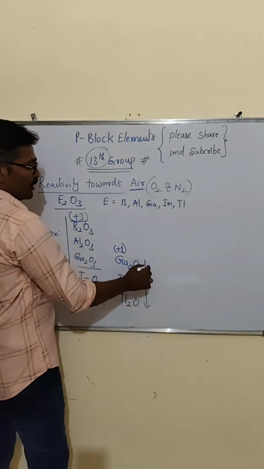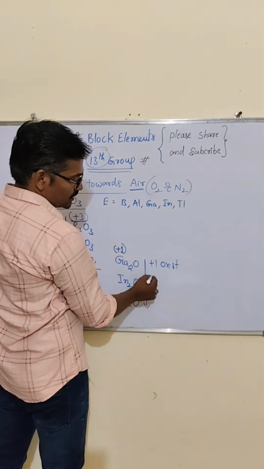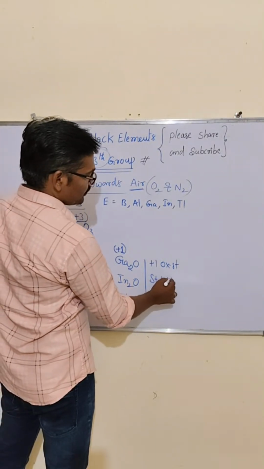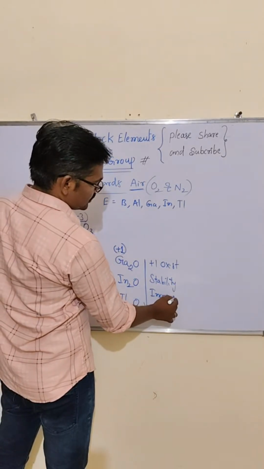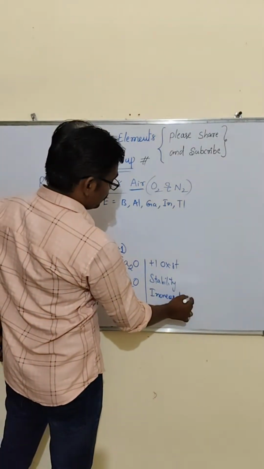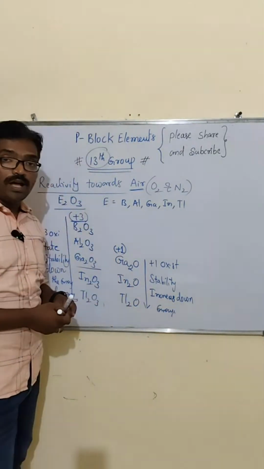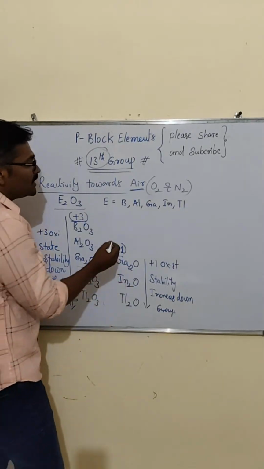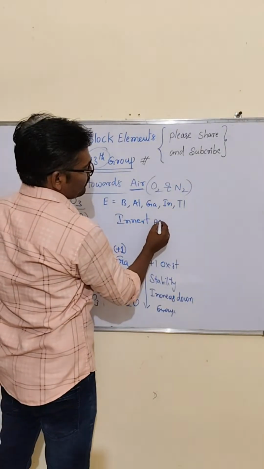And here +1 oxidation state stability increases down the group. This is very important, my dear students. The only reason is the inert pair effect.